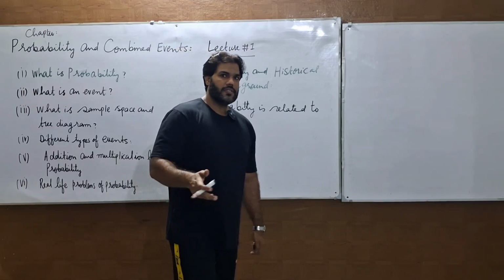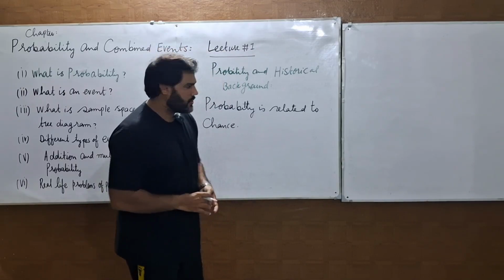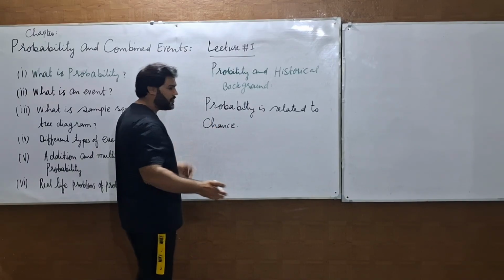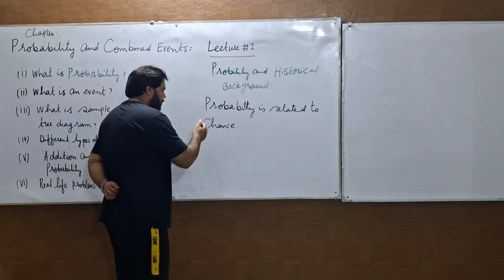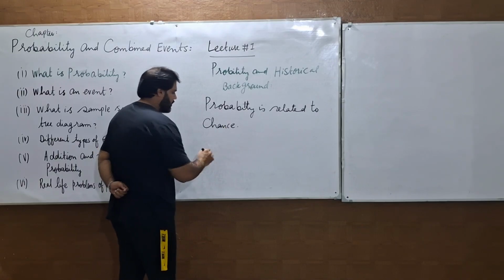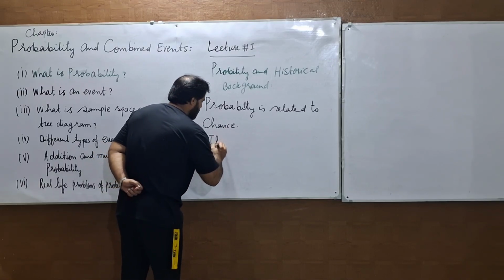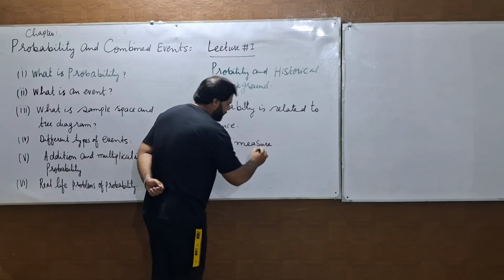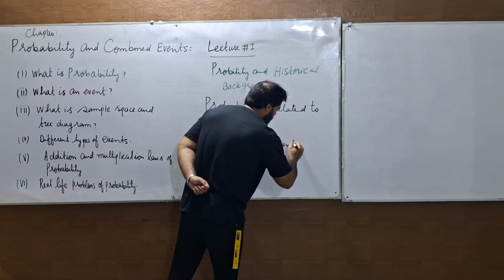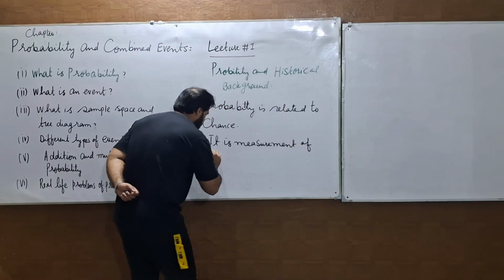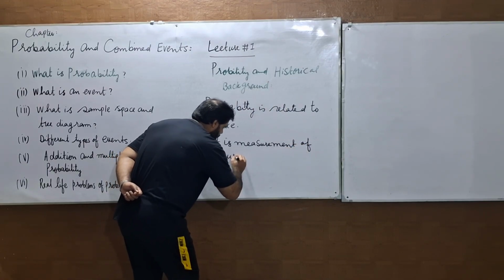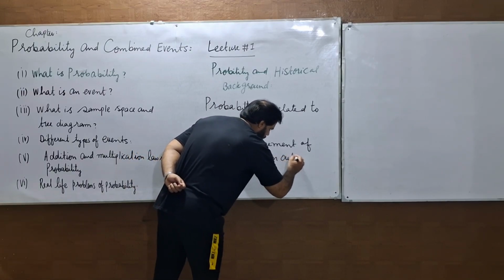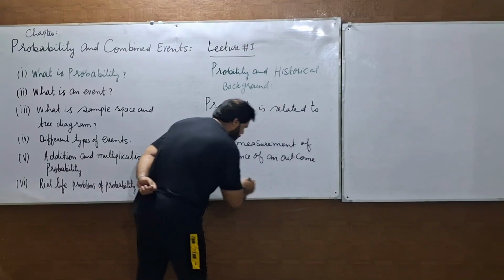Properly, if we write its concise definition, because probability is always a numerical value, we can define probability as the measurement of occurrence of an outcome of an experiment.